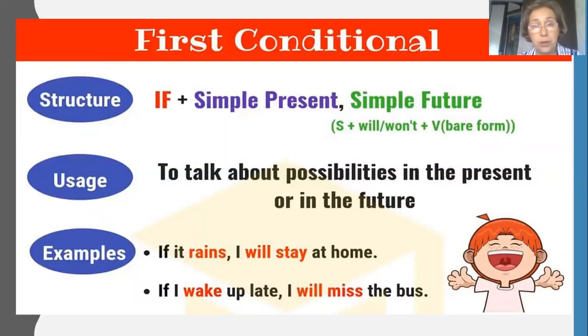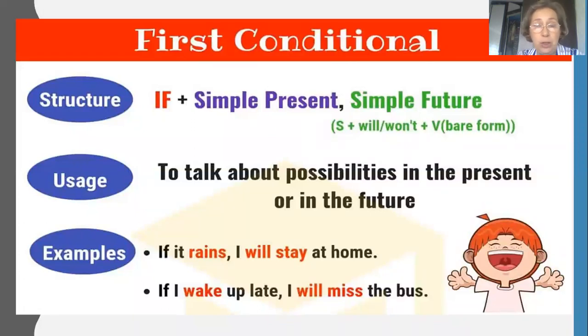The first conditional sentence consists of 2 parts, the if clause and the main clause. In the if clause we use the present simple, and in the main clause the future simple, like subject plus will plus verb.